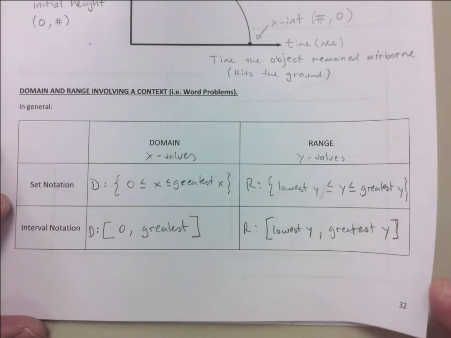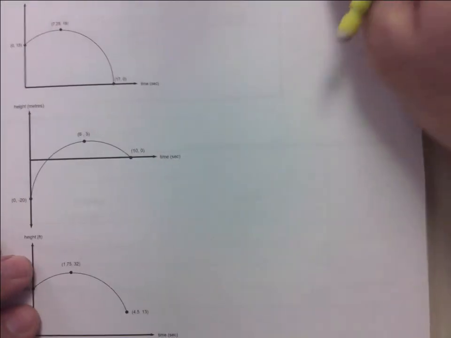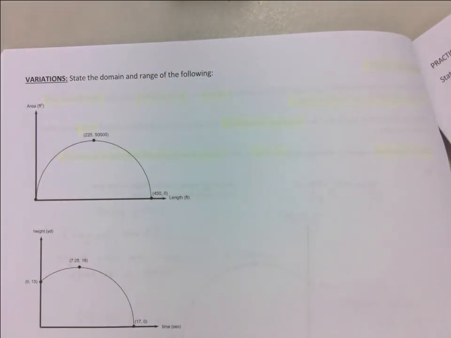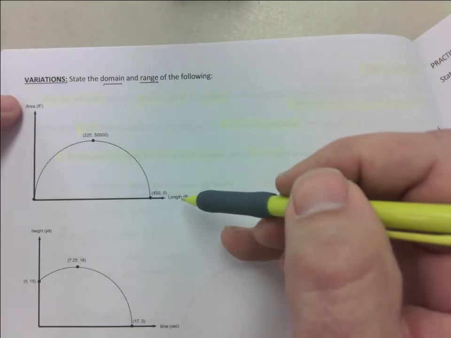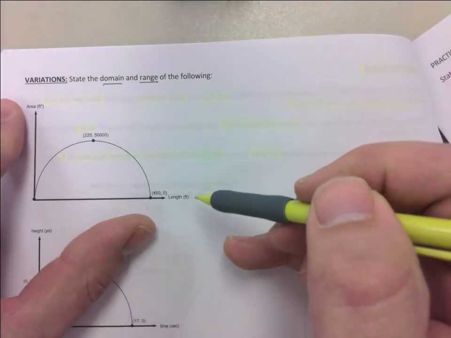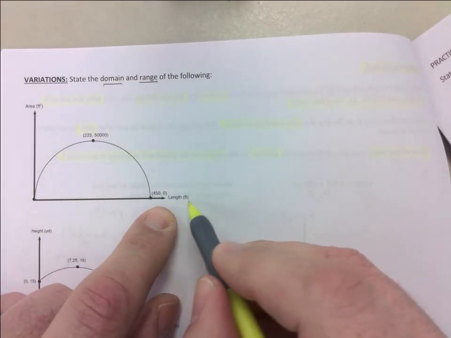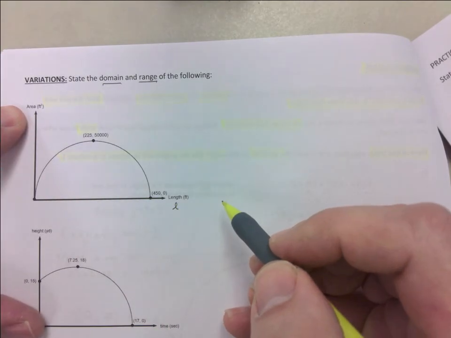So let's practice with a few next on the next page there. State the domain and range for all of these scenarios, and notice that every single one of these is going to have labels on the X and Y axis, and they're not just X and Y. So we're going to assume that if this is length, the variable is L, and A is up here.